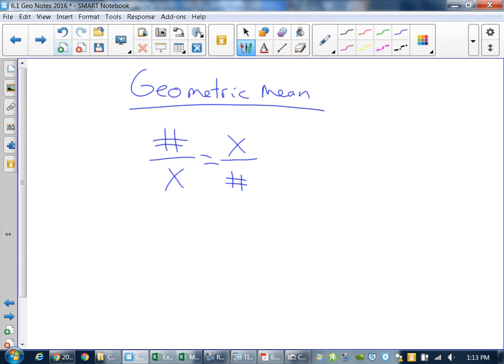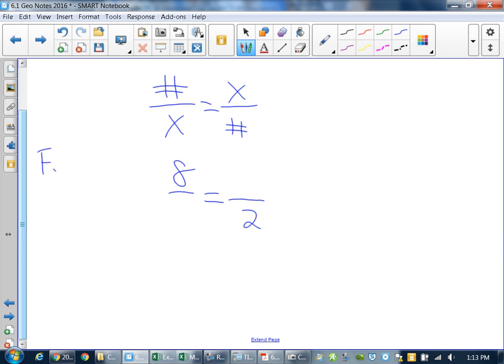For example, if I say that I have 8 and 2, I want to find the geometric mean, this is how it'll be written. I want to find the geometric mean of 8 and 2.